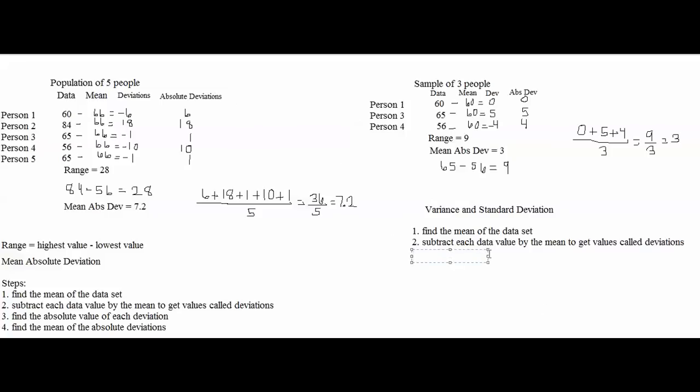Step 3 is squaring each deviation, instead of finding the absolute value of each deviation. And then step 4 is finding the mean of the squared deviations.